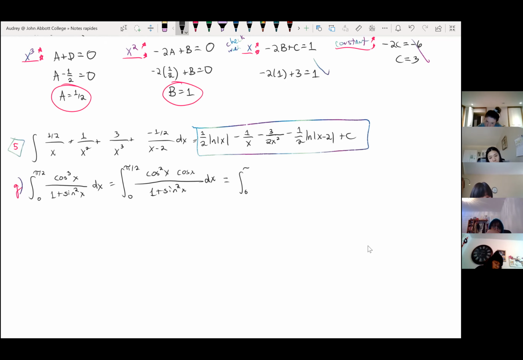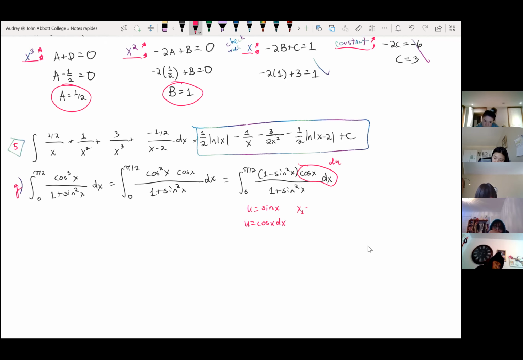So I'll have the integral from 0 to pi over 2, and cosine squared is equal to 1 minus sine squared. So I was able to pull out that factor of cosine and have everything left over in terms of sine so that I can do this. That's my du.